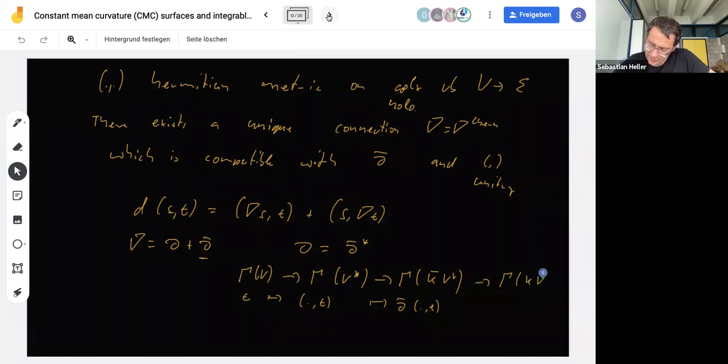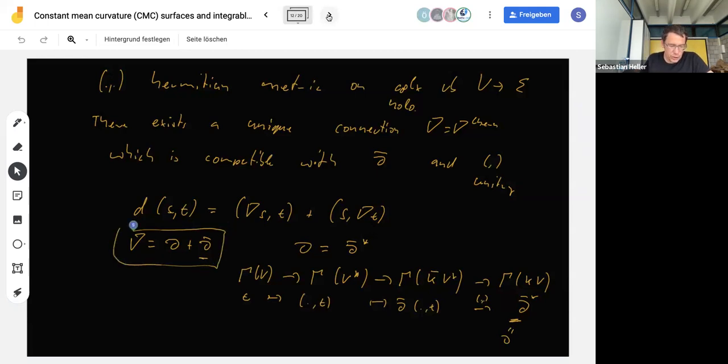Again, it maps to sections in KV by applying the Hermitian metric again, and overall we get a well-defined map which we can call del bar star, and it's really the missing part, the 1,0 part of a connection. So if we define this operator del by this composition, then we really get a connection, and this is the Chern connection.